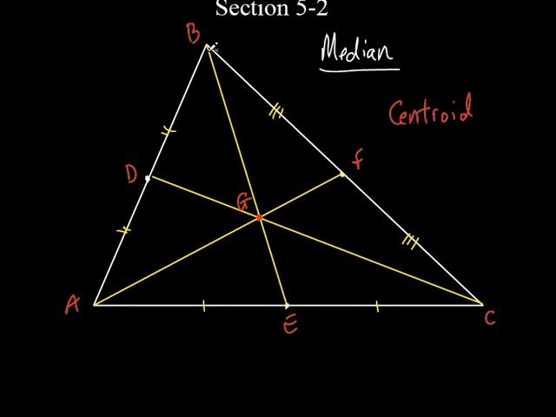Let's do this. Let's say that this right there was, let's say 30. Okay, so BE is 30. And I want you to find BG, and I want you to find GE. What do you think the easiest one would be to find?